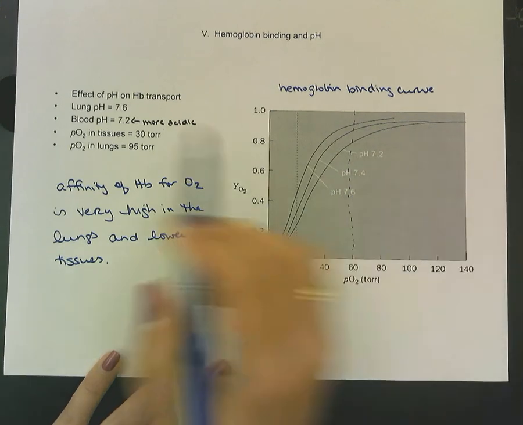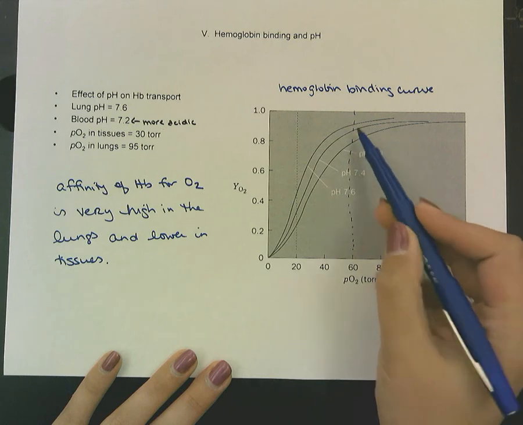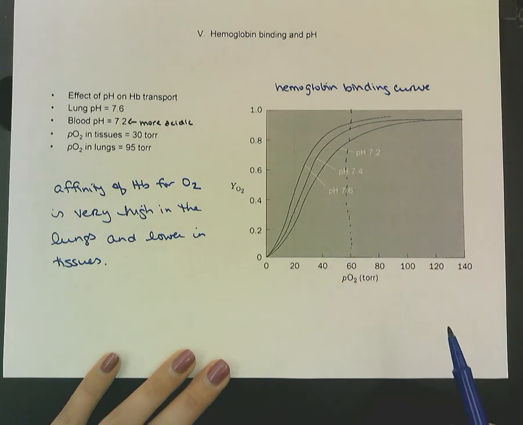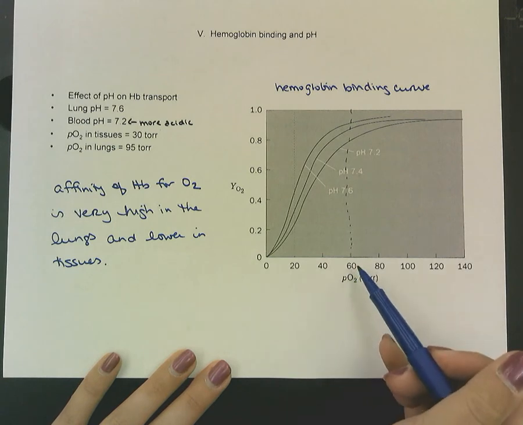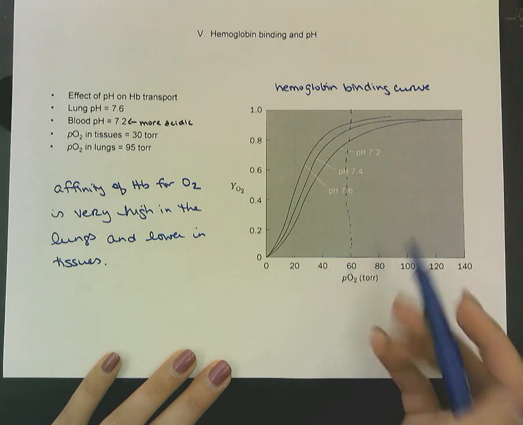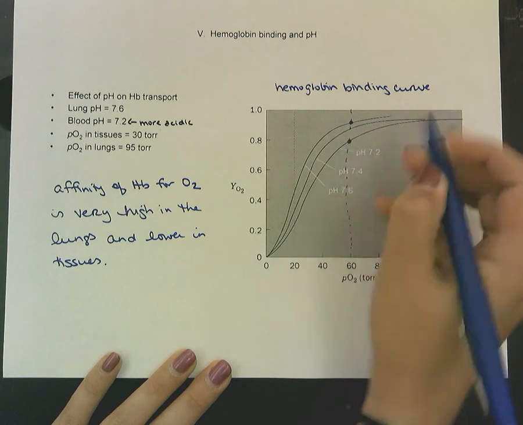At pH 7.6, which is the lungs, comparatively to 7.2, does it have a higher or lower binding affinity? At 60 torr, is pH 7.6 a higher or lower binding affinity? Higher, right? Here's my 7.6. Here's my 7.2.